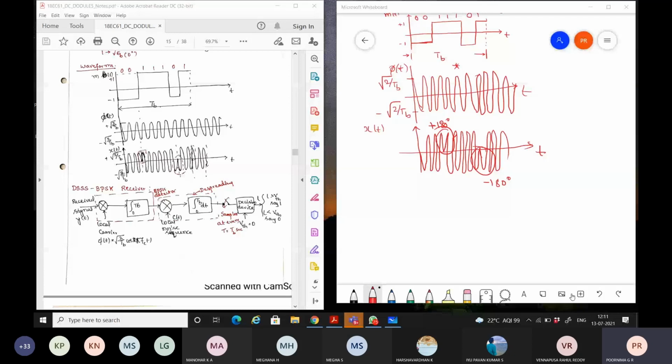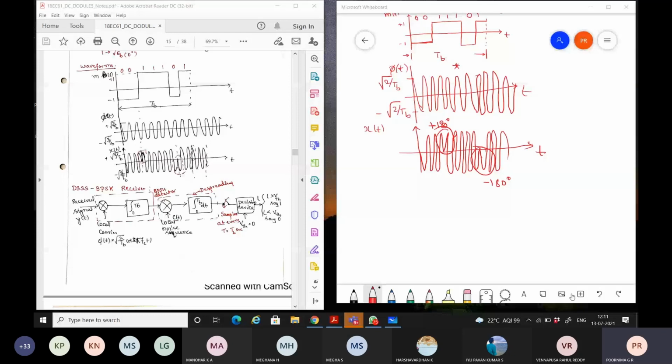But as we already know, TB is equal to N into Tc. So the processing gain, N into Tc by Tc, is equal to N, which is the sequence length. That will be the processing gain of your direct sequence spread spectrum BPSK system.